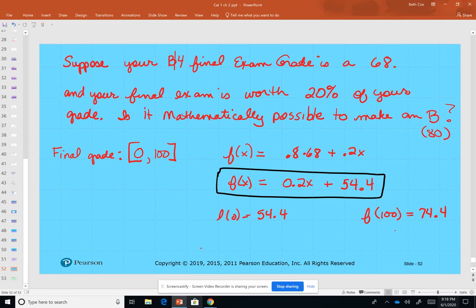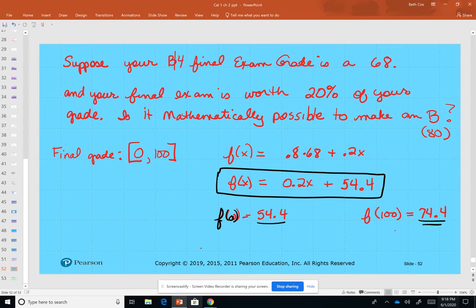Okay, and so does there exist a grade on the final that's going to give you a B? Well, if I plug in 0, I'm going to make a 54. My current average is a 68, but if I plug in 0, I'm going to get 54. But if I make 100 on my final, I'm going to make a 74.